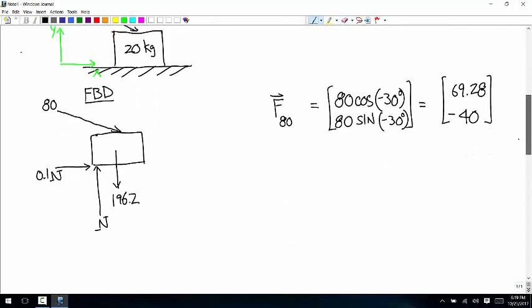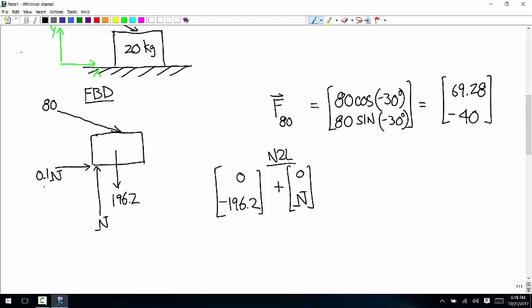Okay, so now we'll go to Newton's second law. So we have 0, negative 196.2, plus 0 N. The 0.1 N is in the positive x direction, so plus 0.1 N, 0.